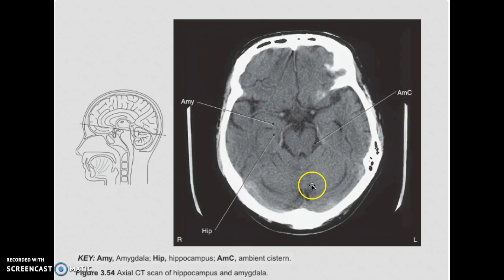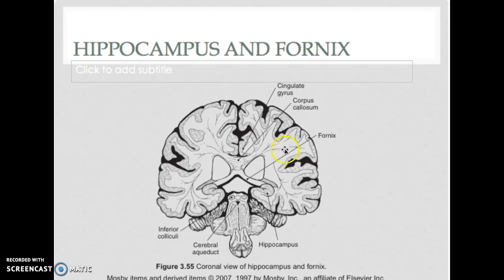And on CT, very hard to see, this is your ambient cistern with your posterior cerebral artery back here. So coming down here, we have your cingulate gyrus, your corpus callosum, and your fornix here.